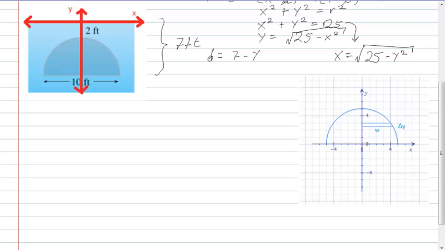However, the output of this equation only represents one side of the plate. In order to properly reflect the total width of the plate at one point, it must be multiplied by 2, and consequently the function becomes 2 times the square root of 25 minus y squared.